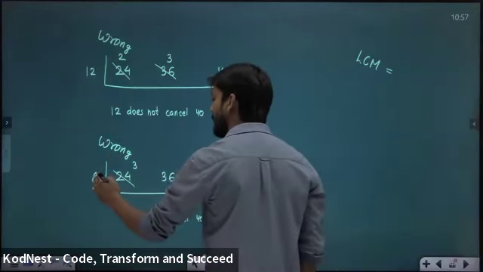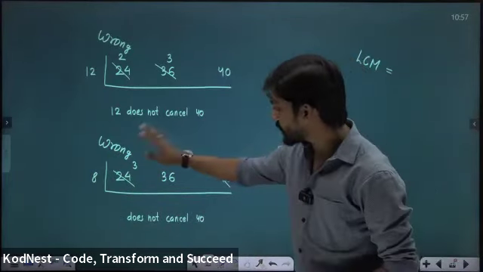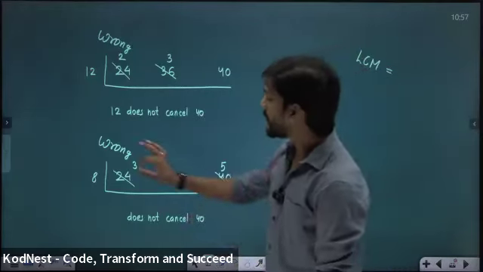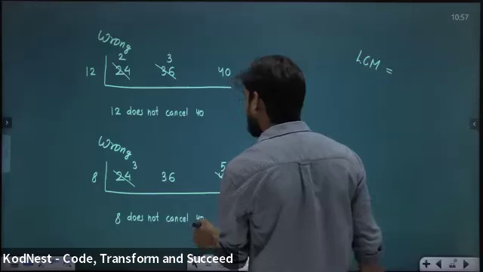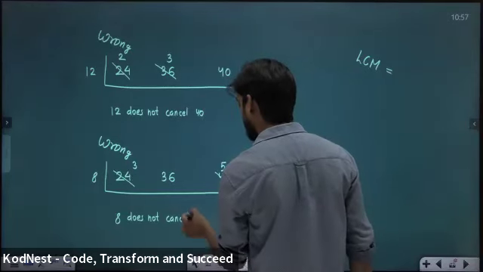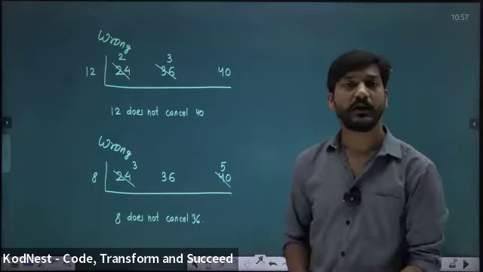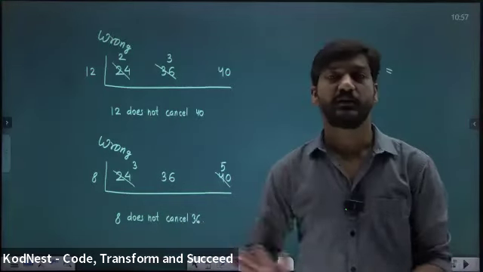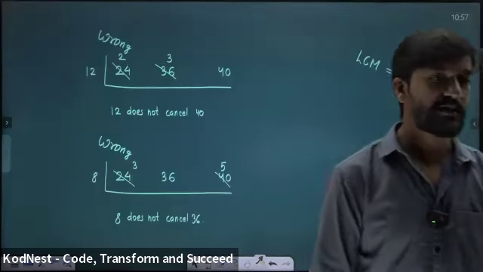So you have taken a number which is not prime and it is not cancelling all of them either. So that's why the number you have taken will not give you the right answer. So 8 does not cancel 36. That's why you cannot take it. Now, if you proceed further, you will get the wrong answer. Understood the point? Please carefully see.